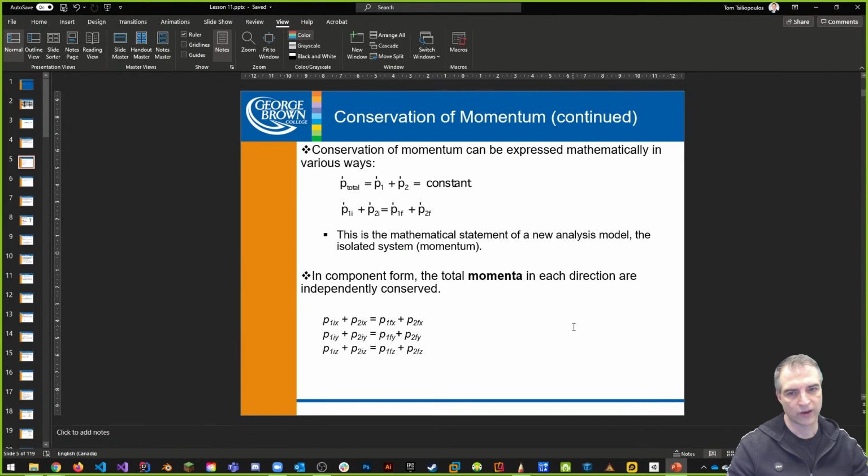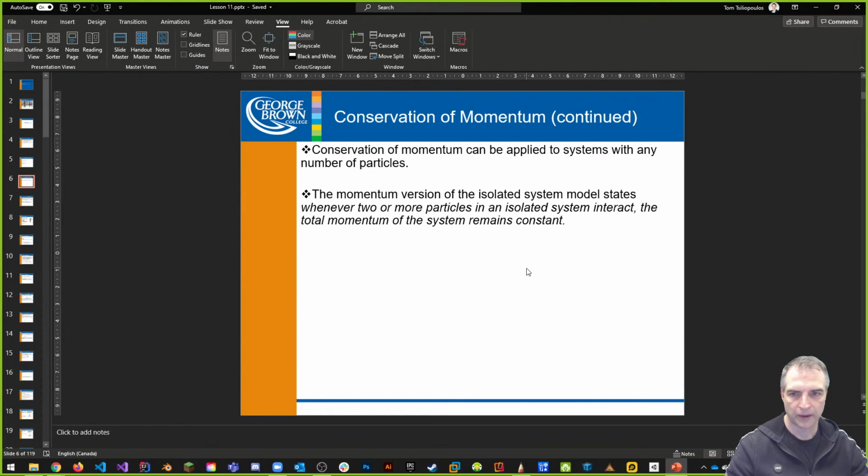And so we have some math related to this, where we have the total momentum. Momentum is represented by P, right? As an example, if we add P1 and P2, we get the total momentum. Or we can also say that P initial is equal to P final, right? Okay.